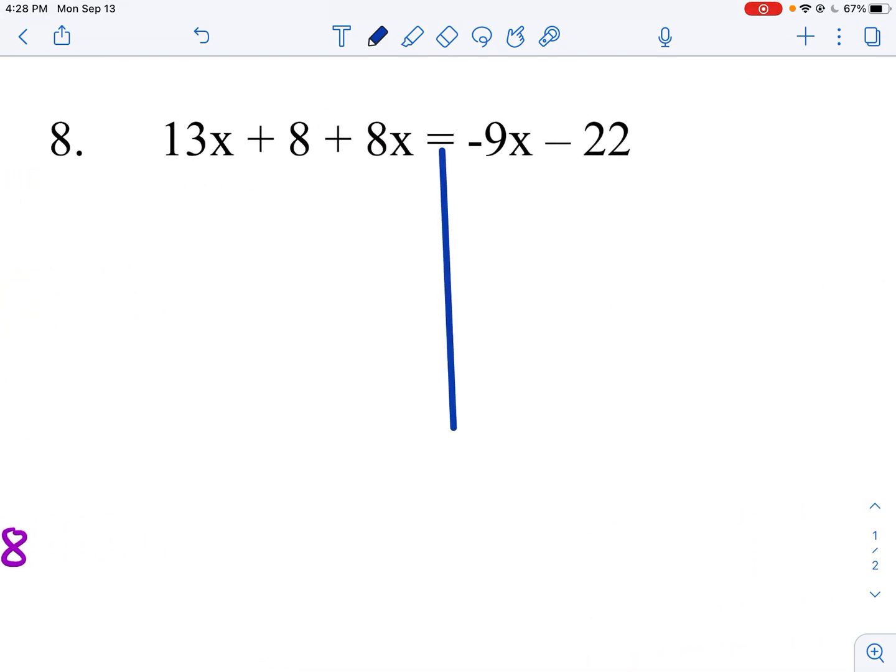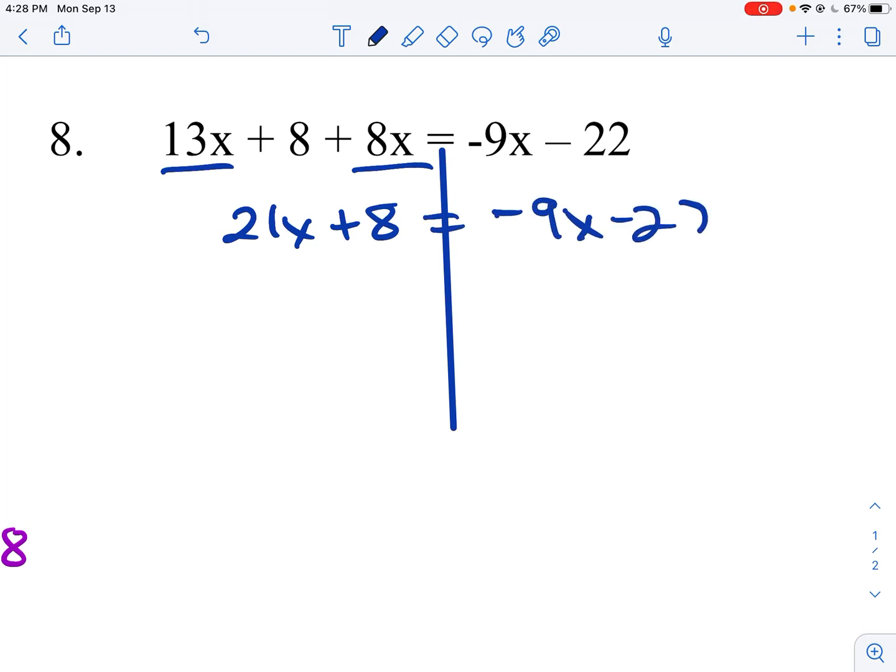Okay, over here. Again, before I can do anything, I need to combine like terms. So 21x plus 8 equals negative 9x minus 22. I want to move the smaller of the two, so I'm going to add 9x to both sides.